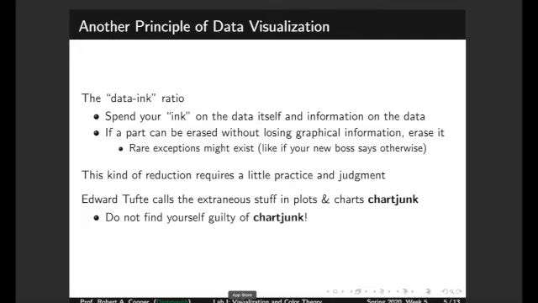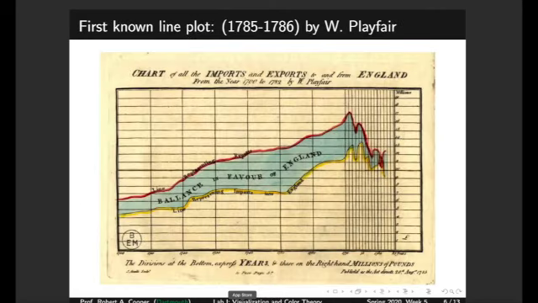And Edward Tufte, he's a famous visualization professor at Yale, says: if a part can be erased without losing any graphical information, you should consider erasing it. There are certainly exceptions to this rule, but as a general rule, this is a really good idea. He calls extraneous stuff in plots chart junk, and we're going to talk about that a lot as well.